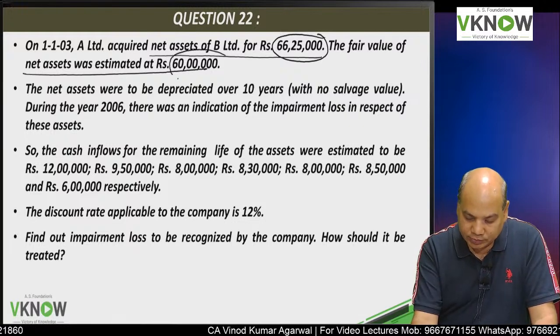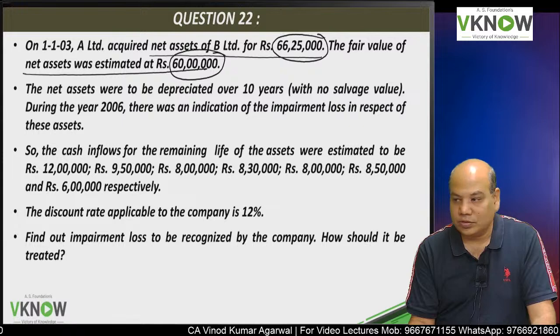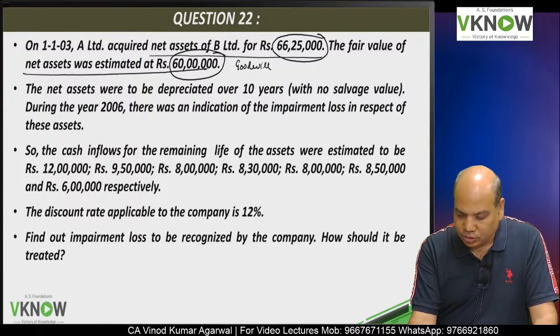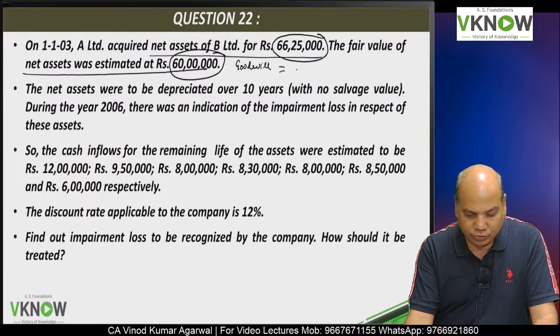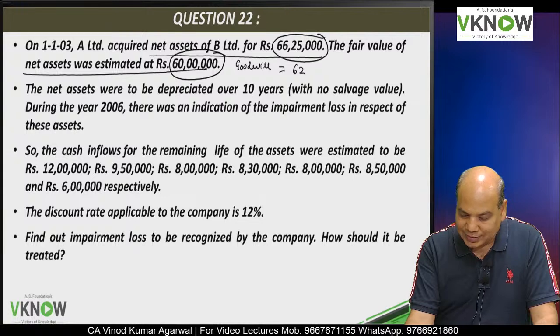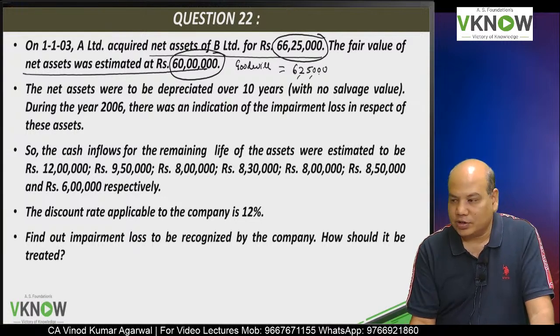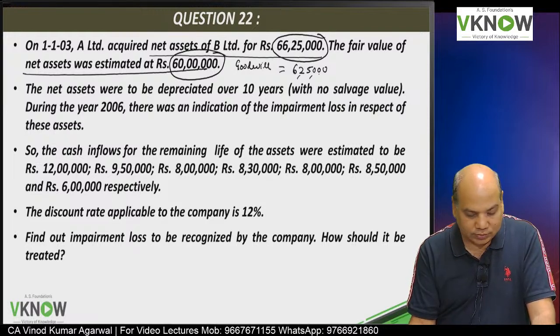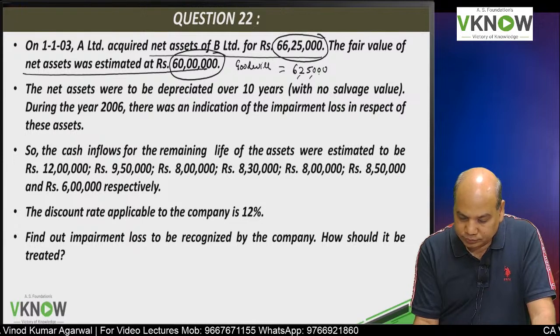Out of that, net assets are 60 lakh. Therefore, goodwill arising on acquisition would be 6,25,000: 66,25,000 minus 60 lakh.